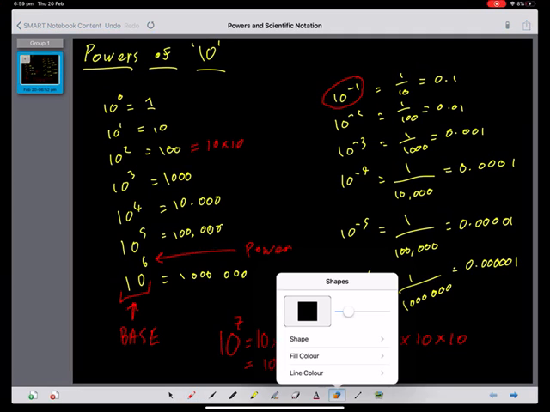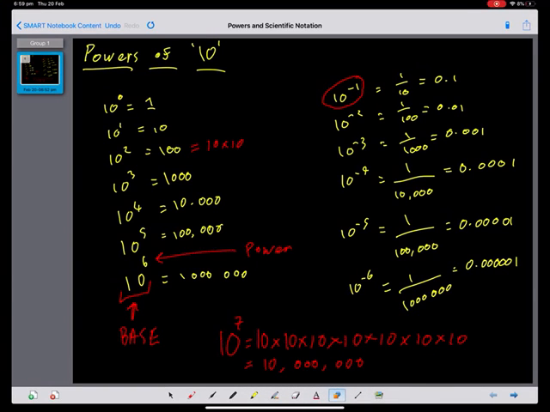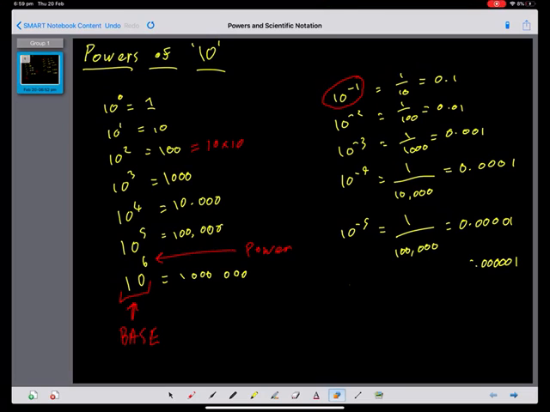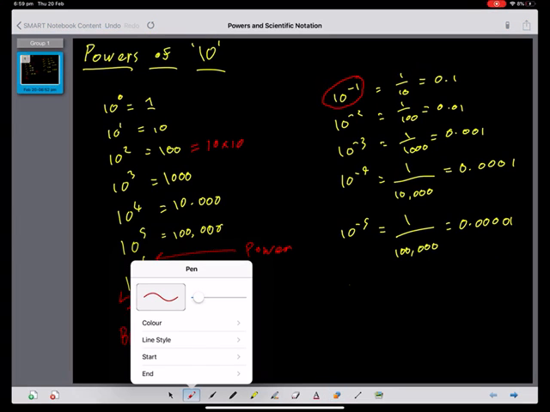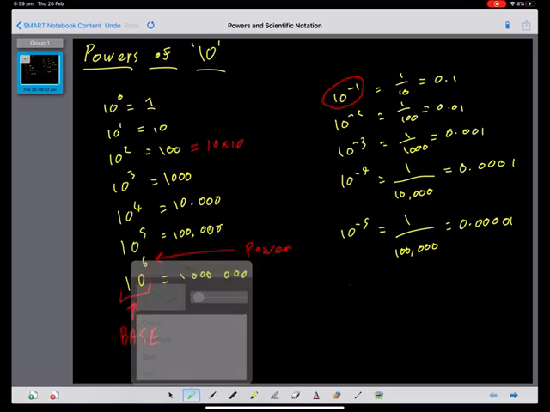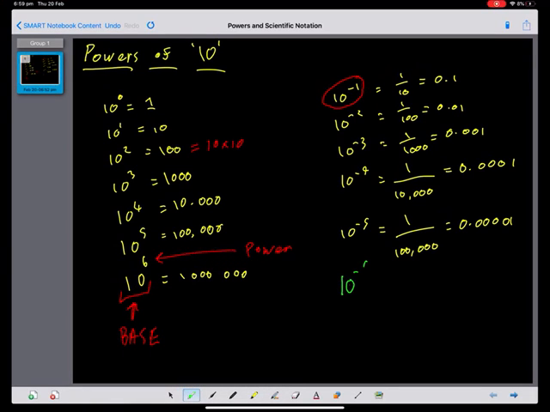If we look, for example, at 10 to the minus 6, that is 1 over a million, and that can be represented as a decimal, 0.000001, with 6 decimal places.